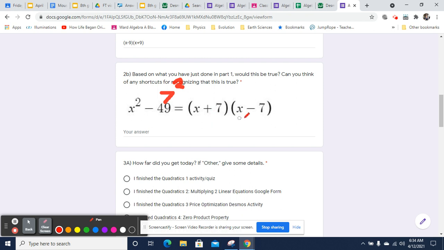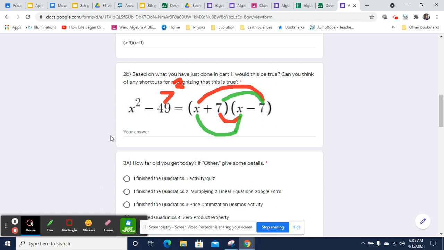And this is an addition. This is a subtraction. This 7x and this negative 7x are going to cancel each other out. So all you're really going to care about is the x times x and the 7 times negative 7. And that's all that's going to be left. So you will end up with x squared minus 49.